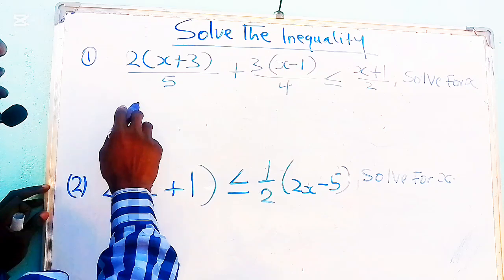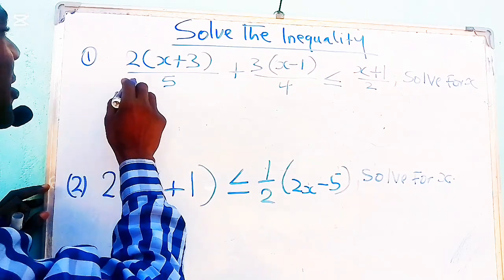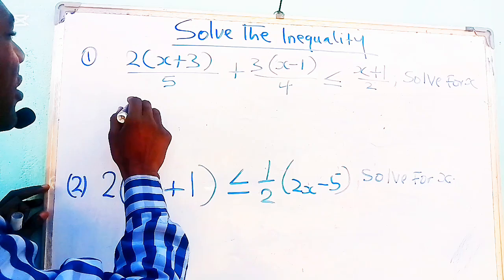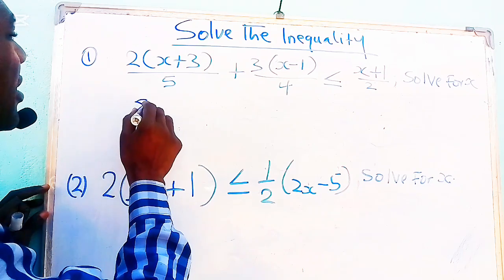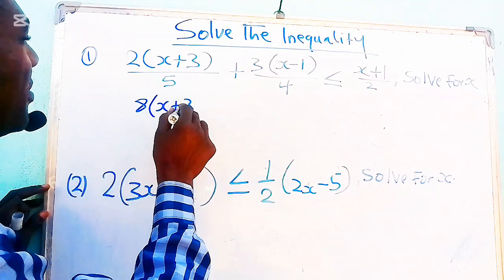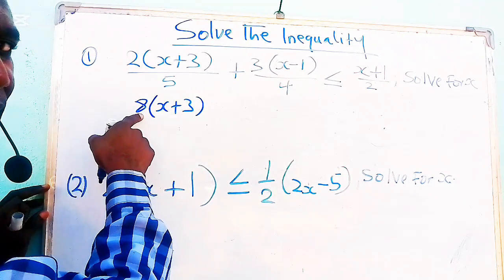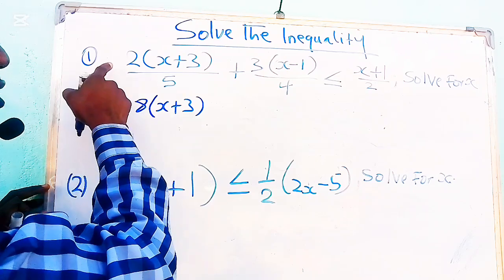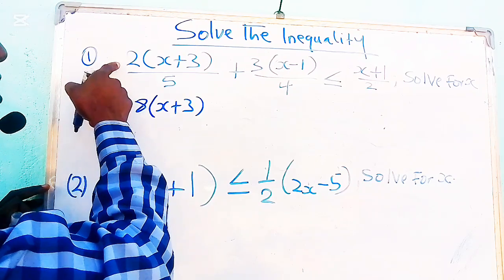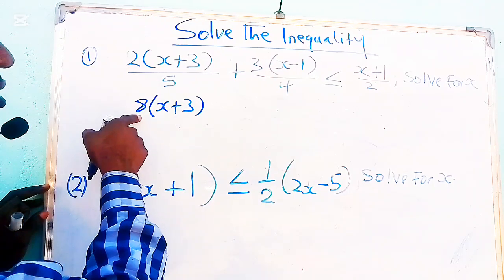So when 20 is multiplied by this, we are going to have 8 into the bracket of x plus 3, plus the bracket. Why do we get 8? Because if you have 20 here, 20 divided by 5 is 4. 4 times 2 is 8.